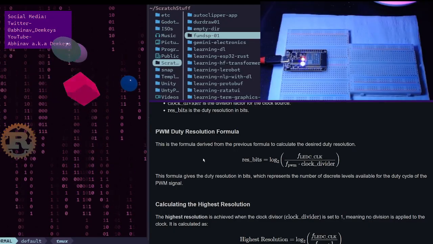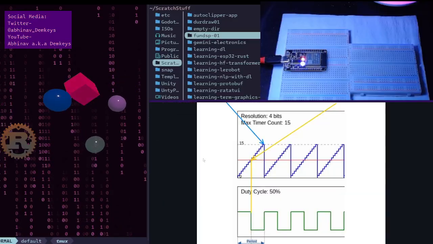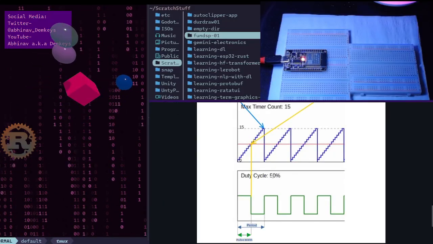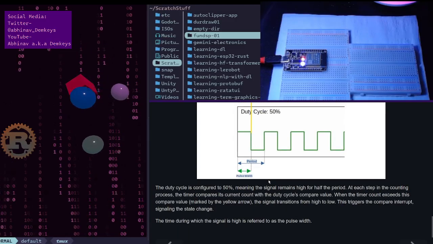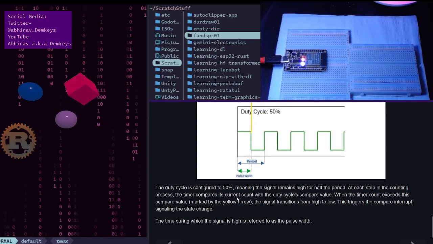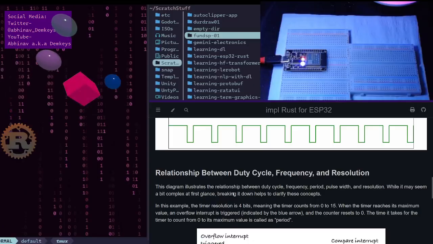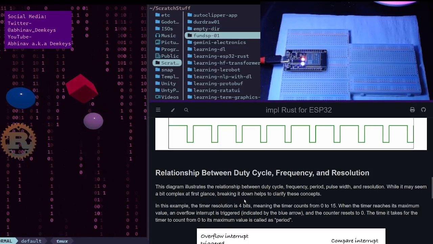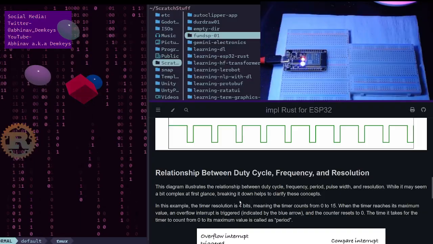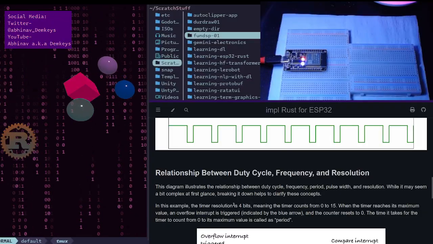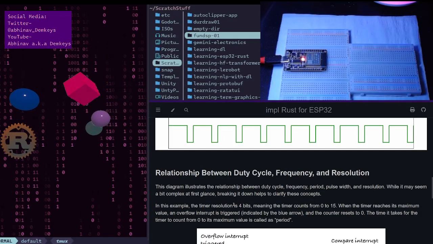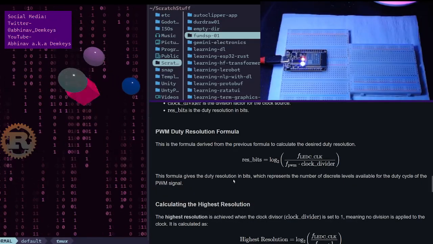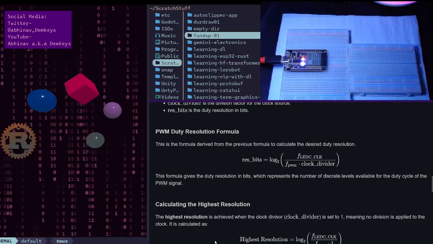I feel like when they use the term duty cycle, it becomes a bit confusing, because notice how it says here duty cycle 50%. When they say duty cycle, they're talking about the percentage within that one period that the signal remains high. So when they call this duty resolution, where was it?